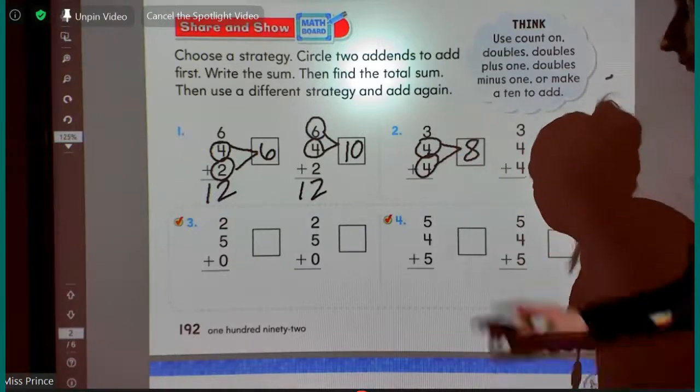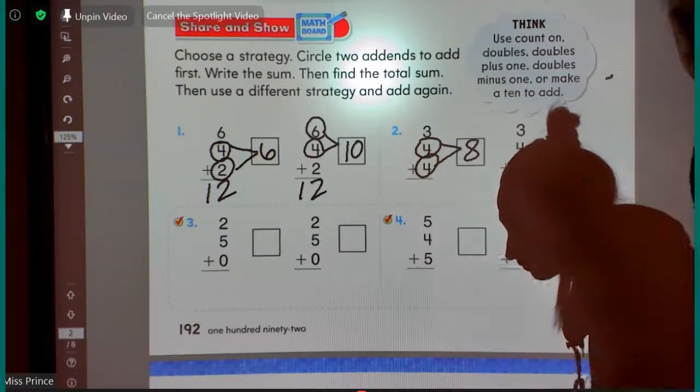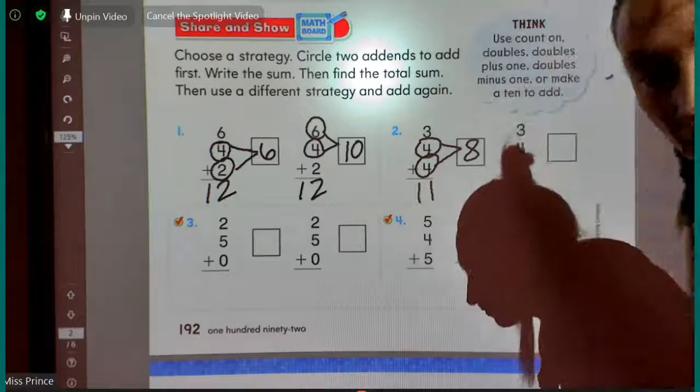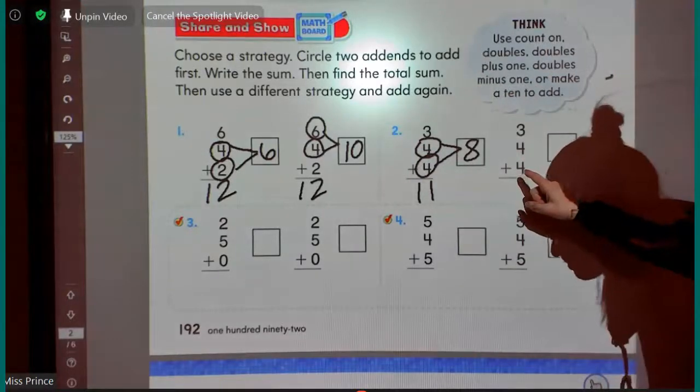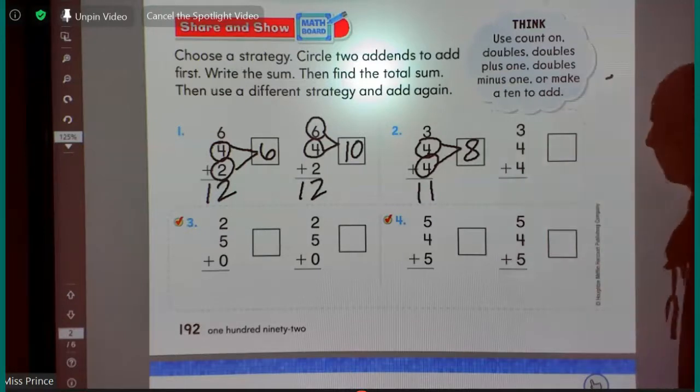10. I want you to check one more time. 8 plus 3 more. 11. Good job. All right, Sophia, now you are going to choose 2 different numbers this time. 3 plus 4.